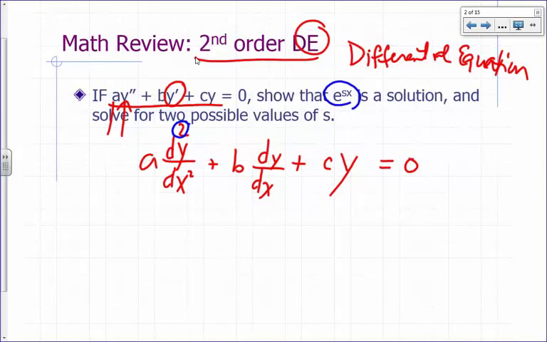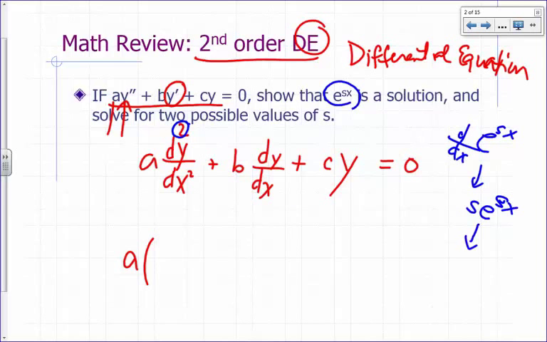So s is a constant, so I have a times the second derivative of e to the sx. What's the derivative of e to the sx with respect to x? S e to the sx, and then the derivative of that again is s squared e to the sx.